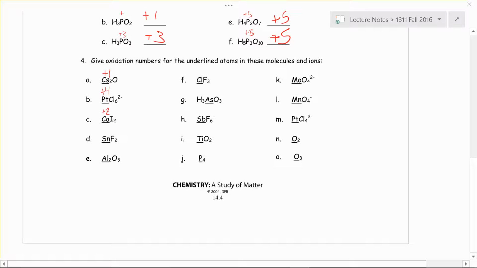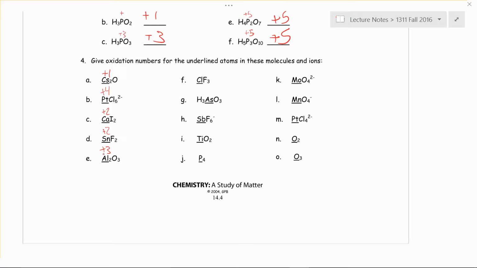Tin. What's this one? Plus 2. Okay. Al? Plus 3. Okay.